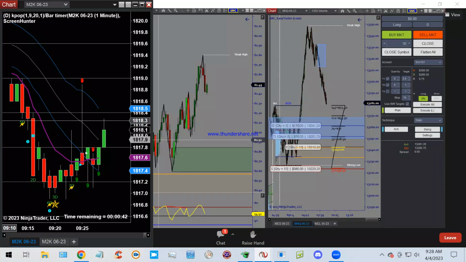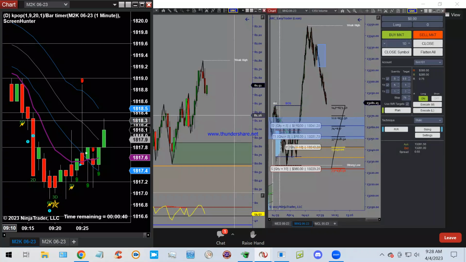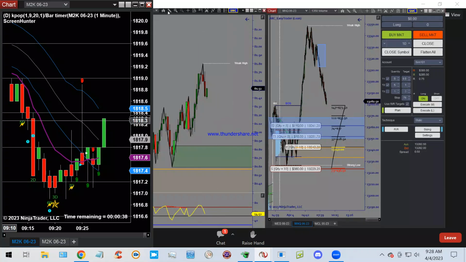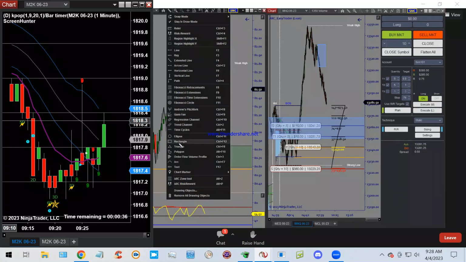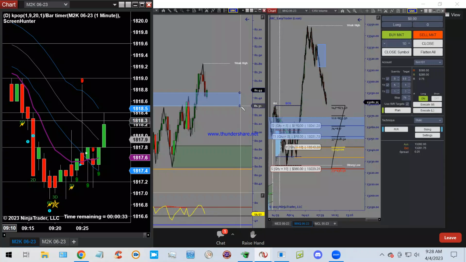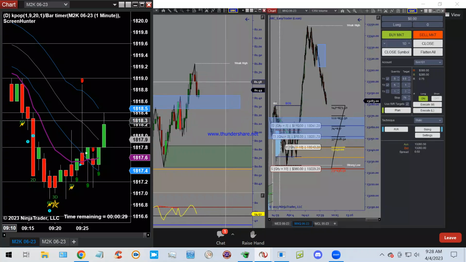Still the strongest market. Broken resistance turns into support.